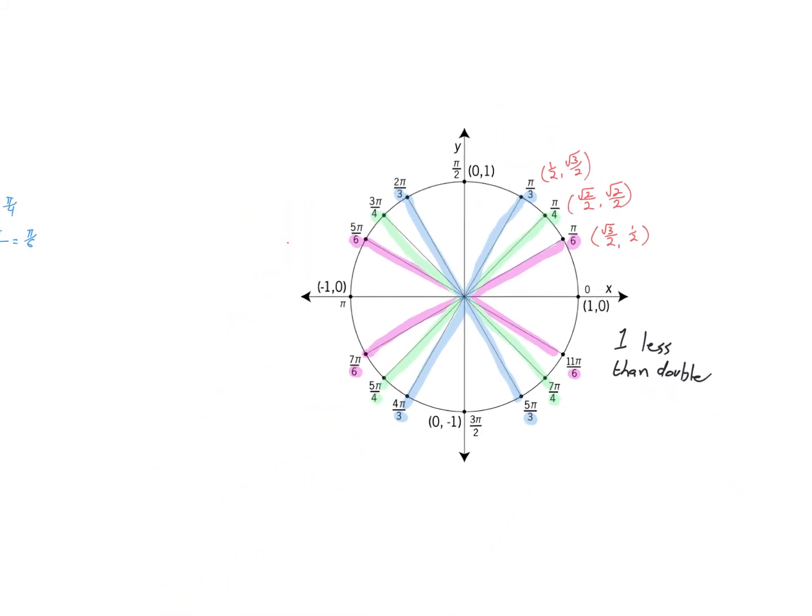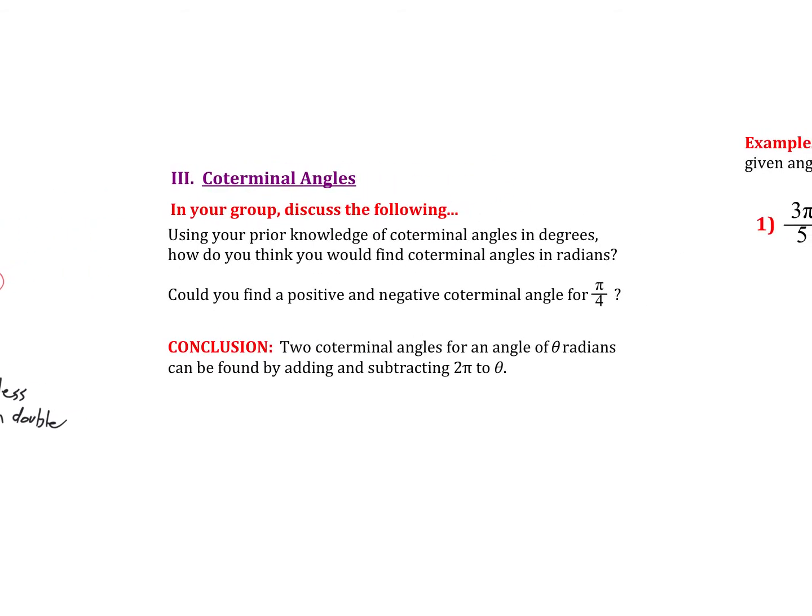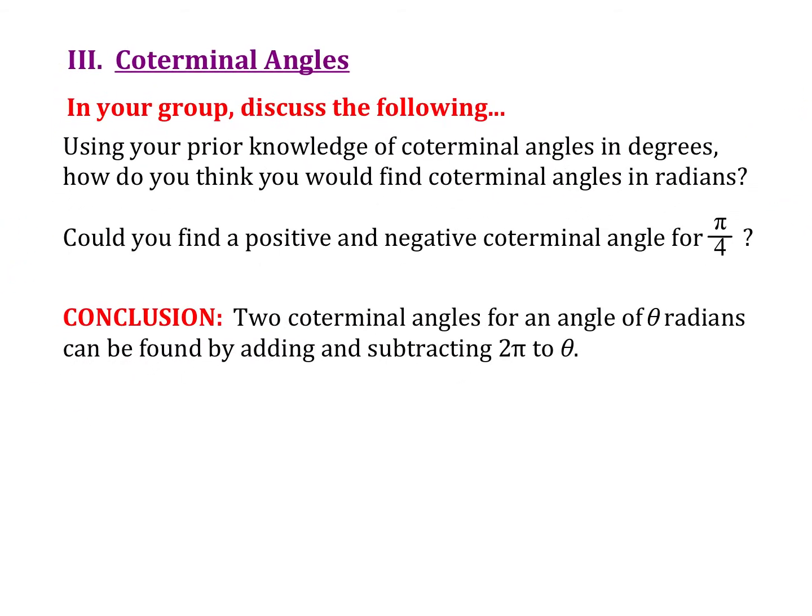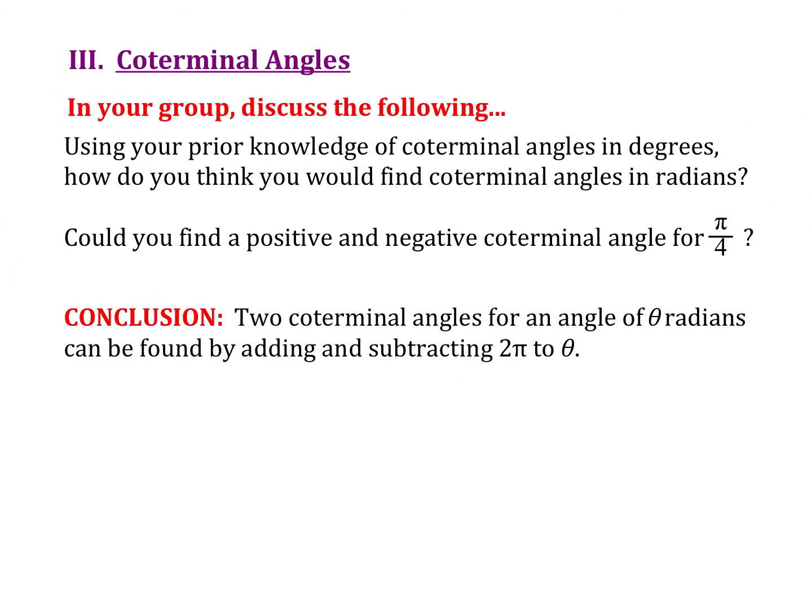All right, coterminal angles. Let's see, using our prior knowledge of coterminal angles in degrees, how do you think you'd find coterminal angles in radians? Well, when we were talking degrees, that's when we would add or subtract 360 degrees to an angle.